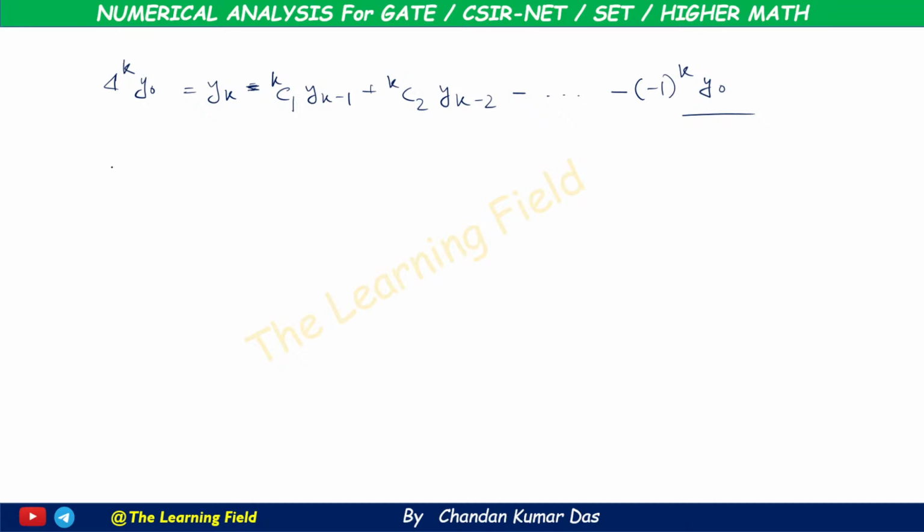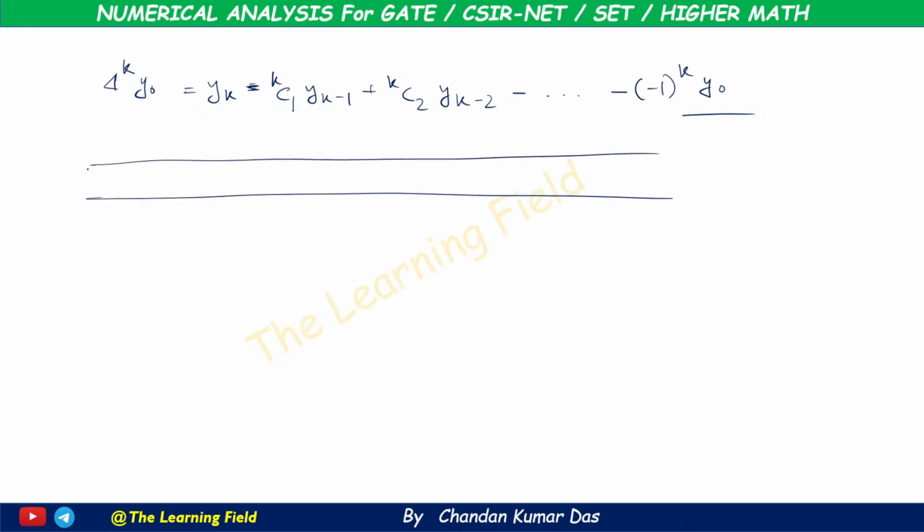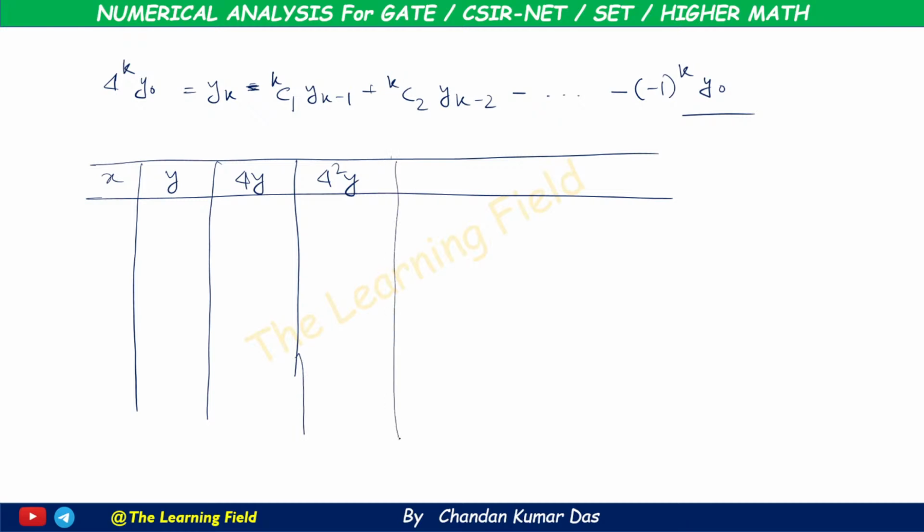I will write the format of the table: this is x, this is y, then delta y, delta square y, delta cube y, and suppose delta power 4 y.